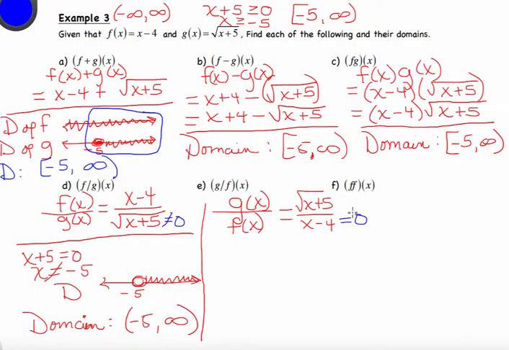So I'm going to figure out what makes x minus 4 equal to 0 and then take it out of my overlapping domain. The domain of the overlap went from negative 5, including it, up to infinity. That's the original intersection of f and g. And then we are going to take back whatever makes my denominator equal to 0.